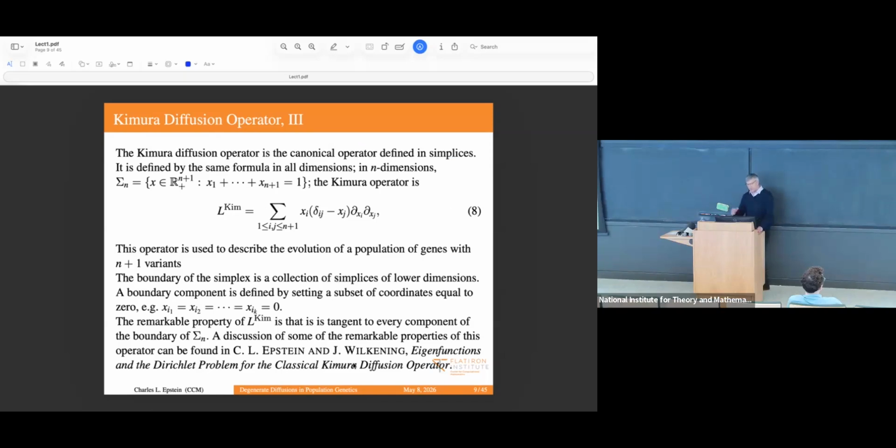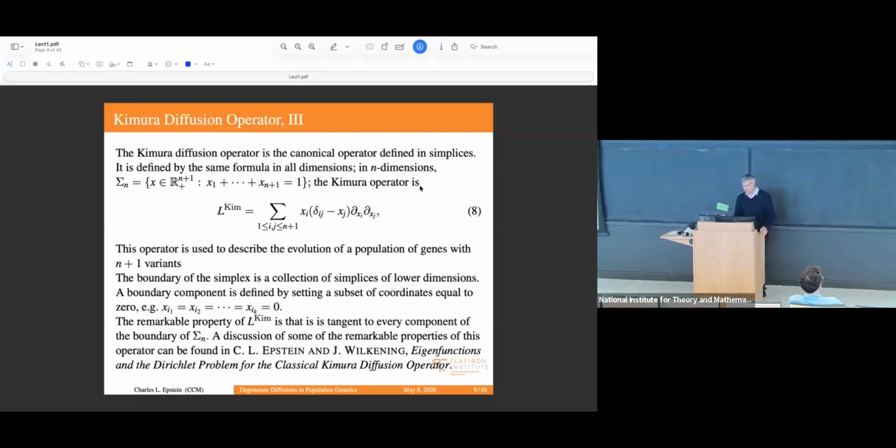Now, I'm going to have a little excursion here because I can't help myself. The Kimura operator is a remarkable operator. It sort of is the canonical differential operator defined on simplices. So simplices for us, in n dimensions, the simplex will be, you take non-negative coordinates that all sum to 1, and that gives you a simplex sitting in the positive orthant.